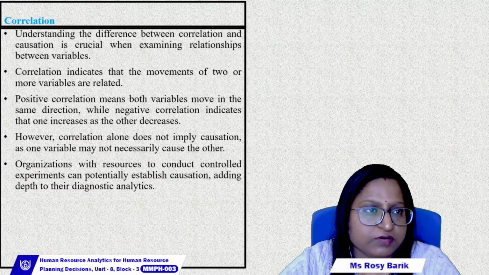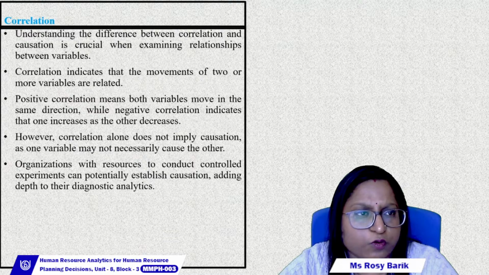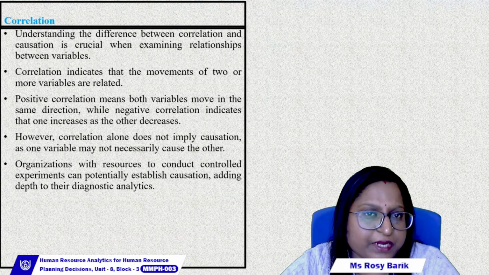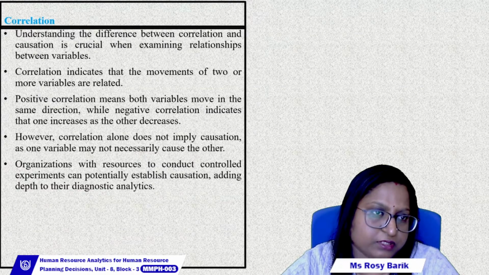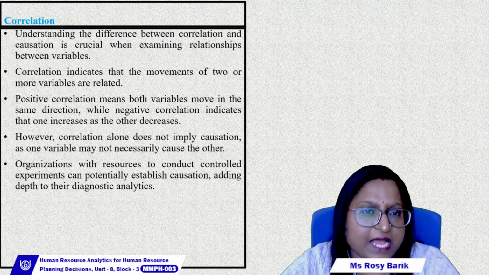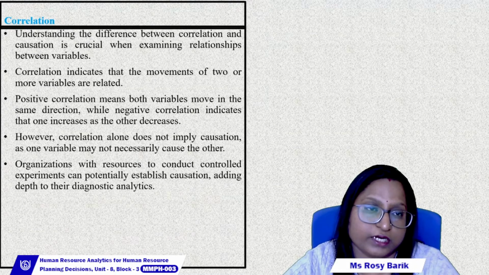Now, what is correlation? Understanding the difference between correlation and causation is crucial when examining the relationship between variables. Correlation indicates that the movements of two or more variables are related. That's why it is known as correlation.